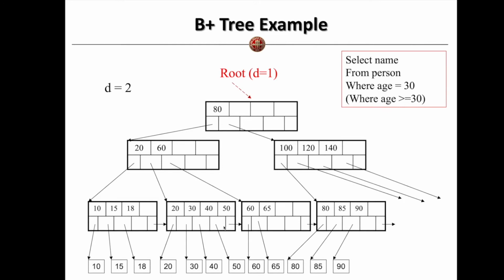And if we finish this node, remember we have a pointer pointing to the next leaf node, right? In other words, we don't have to access from the root again. We can go directly from this node to the node on the right-hand side. We access the tuples with ages 60, 65, 80, further go to this node, 85, 90, and further go to the right-hand side.